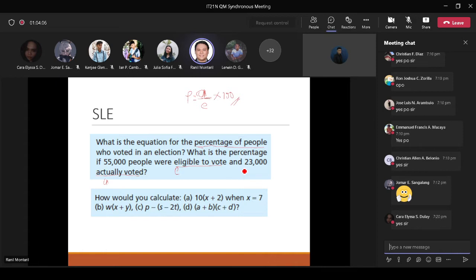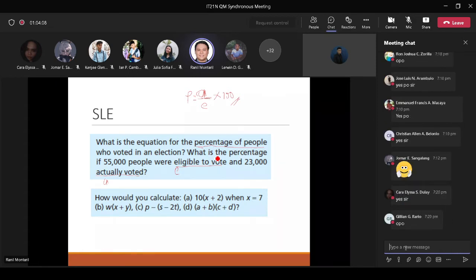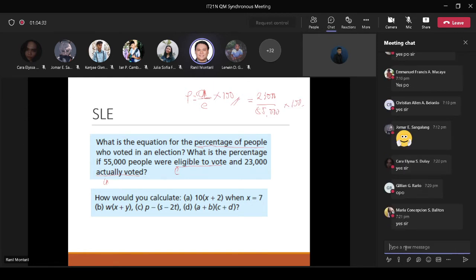So, for this one, for the second problem, what are the things that we need to do? Normally, yung ginagawa natin, once we have this formula, the next step that we're going to do is substitute, right? Substitute the constants that apply. So this will be 23,000 divided by 55,000 multiplied by 100. So those are the steps. So ano nga ulit yung mga steps natin? Of course, we read, right? We read, for us not to be overwhelmed, we underline important variables, tama ba?